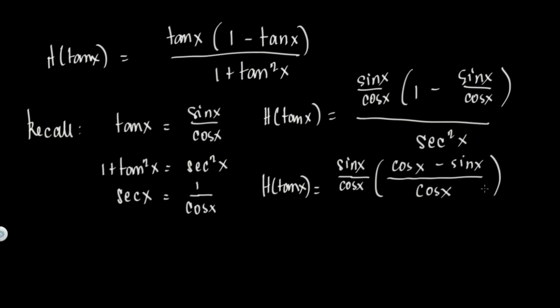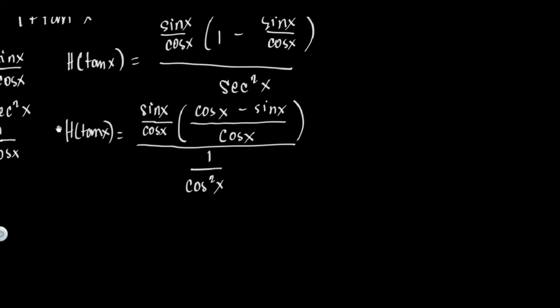Okay? Here, cosine x divided by cosine x is 1, multiplied by sine x, we have here the sine of x. Okay? Then, all over secant square x. And secant x is 1 over cosine, but this time naka-square, so 1 square over cosine x square, or that is 1 over cosine square of x. Okay?